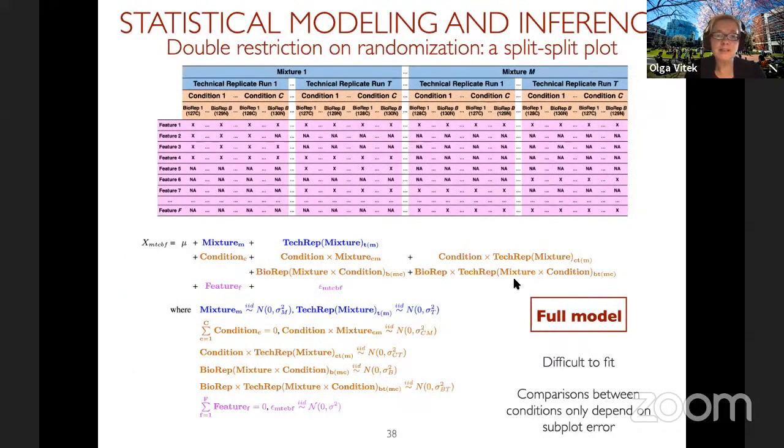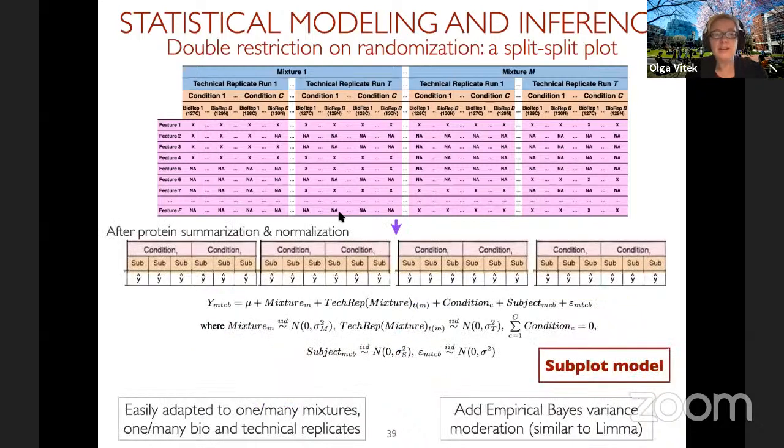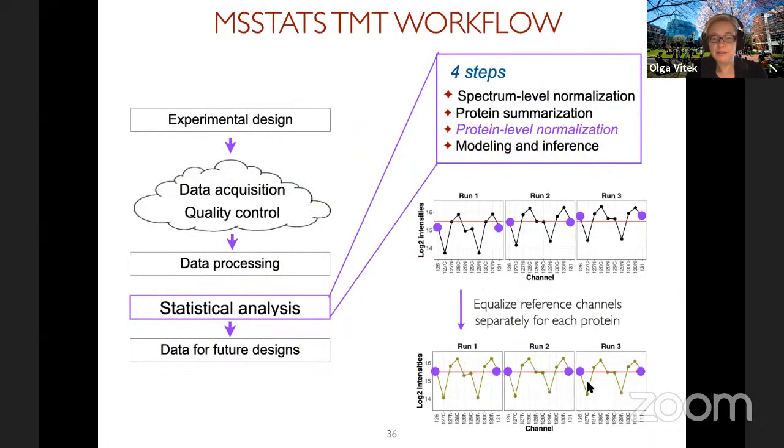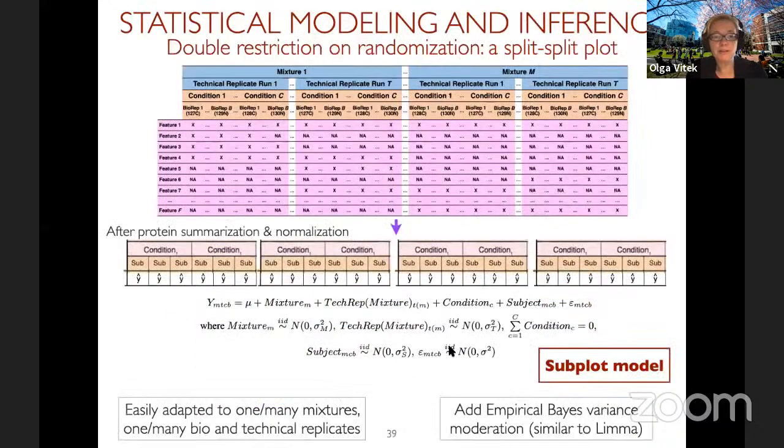Similarly to MSstats, we could potentially have a full model associated with this data structure. We do not do that. We work with the summaries, so we take as input for statistical modeling these summaries at the protein level, which have been normalized. And this is a much simpler model, which is much less likely to overfit, is more numerically stable, more scalable to large number of proteins. So we work with this type of summaries.